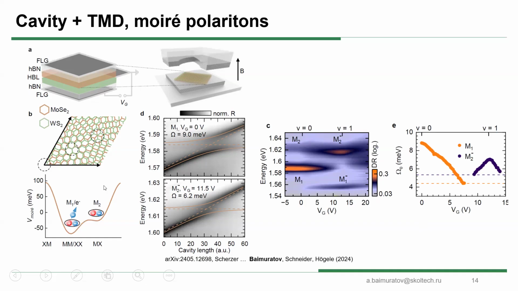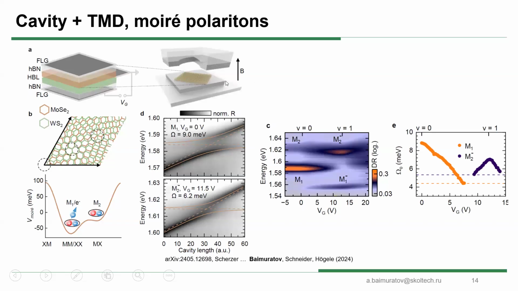And this is the sign that we dope at least 2 electrons per Moiré unit cell. But now we don't care about fractional fillings. We think about two situations: 0 electrons per Moiré unit cell and 1. And this is why we call it a triangular lattice of electrons.